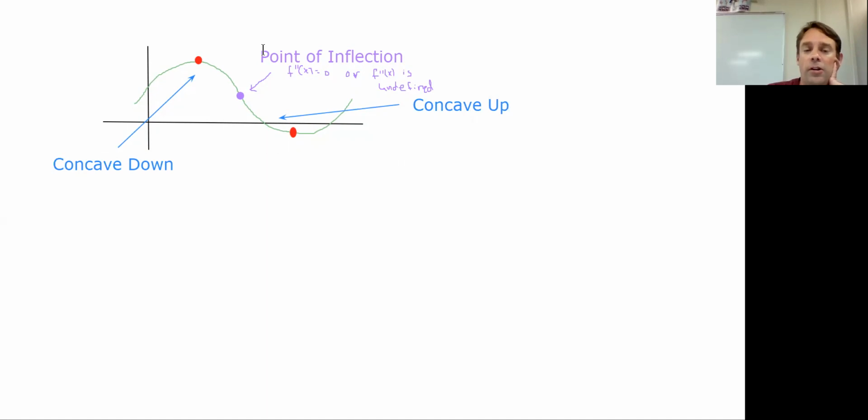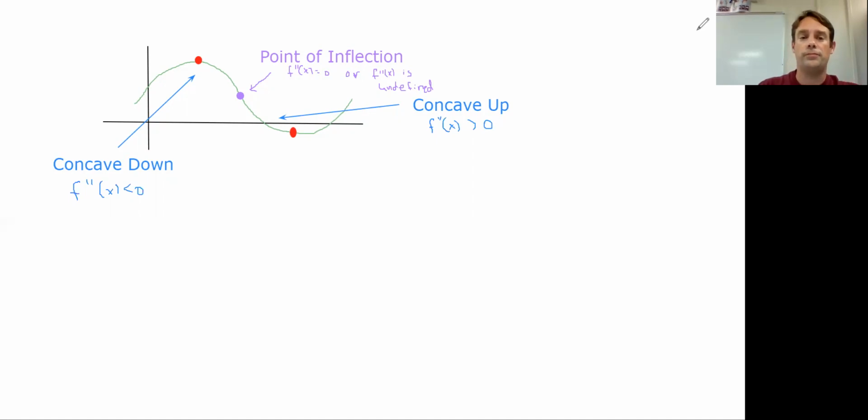Now, anything where it's concave down is pointing towards negative infinity. Since it's pointing towards negative infinity, you can see it here a little bit. It's opening towards a negative infinity y value, right? Well, that part right there has a second derivative that is less than 0. Likewise, if it's concave up, it has a second derivative that's greater than 0.